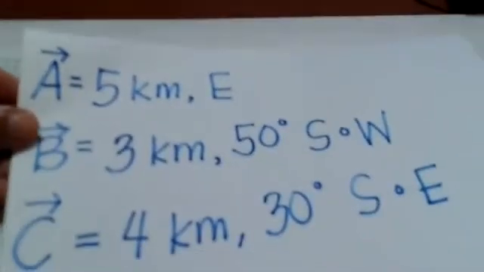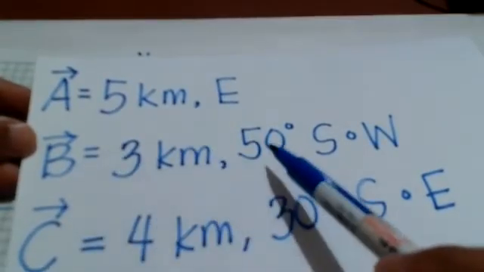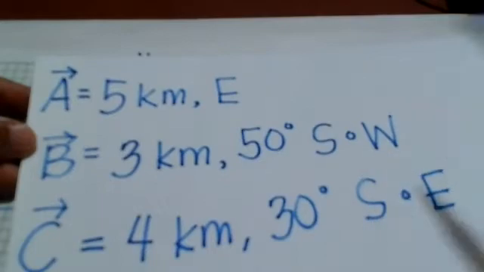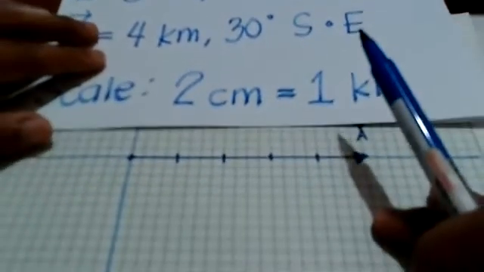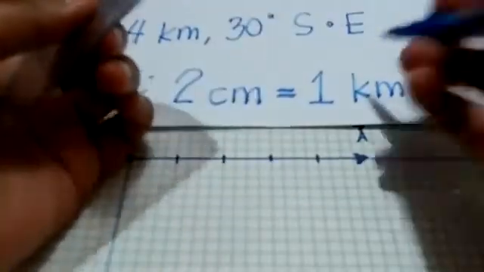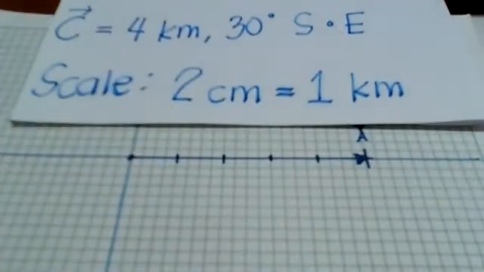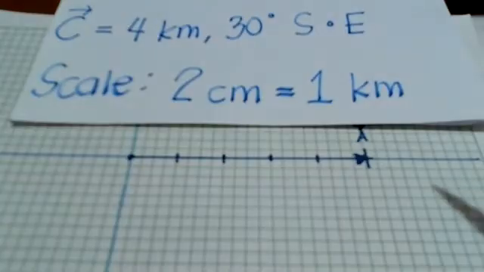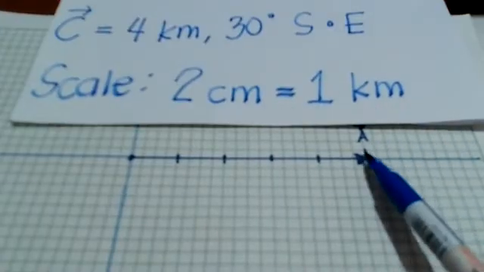Next, let's illustrate vector B, which is 3 kilometers 50 degrees south of west. You are going to get your protractor and put a little Cartesian plane where you ended vector A. In the polygon method, for you to add the vectors, we use the tail and head method.